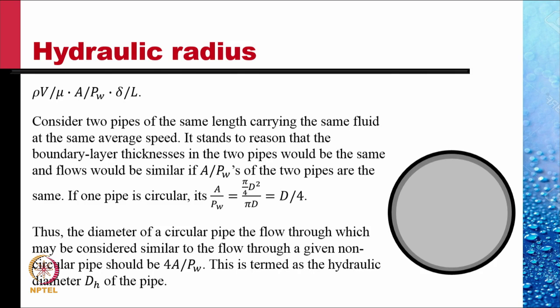If one pipe is circular, the value of its A divided by Pw is obtained as pi d squared by 4, the area, and the wetted perimeter pi d for a circular pipe. So this gives you A divided by Pw is equal to d divided by 4, where d is the diameter of the pipe.